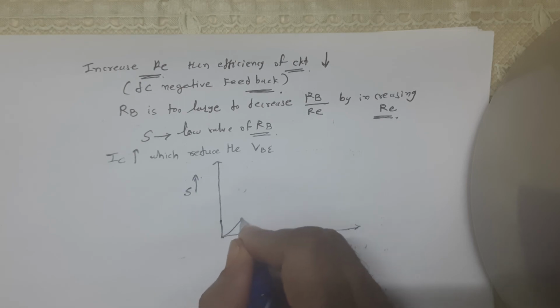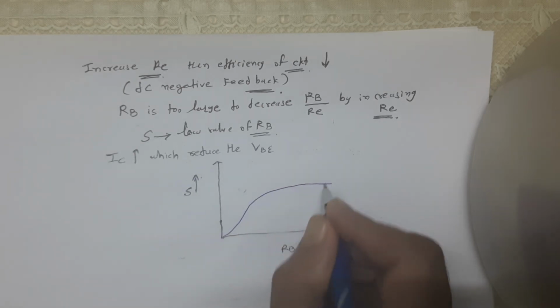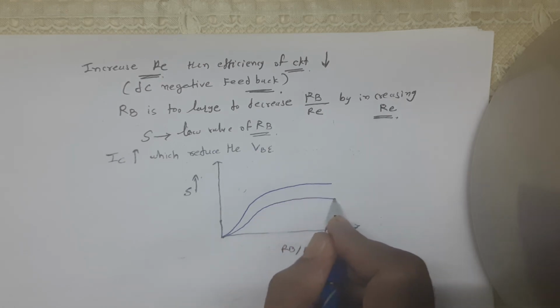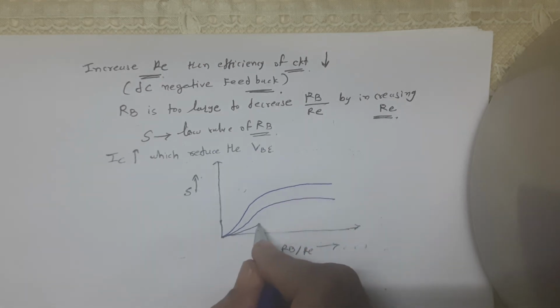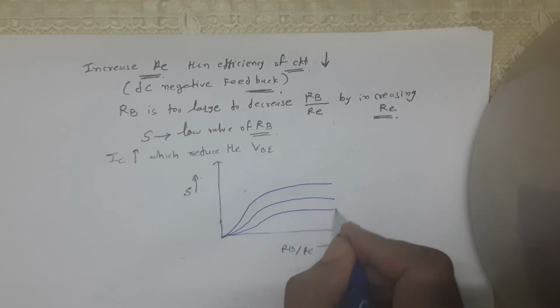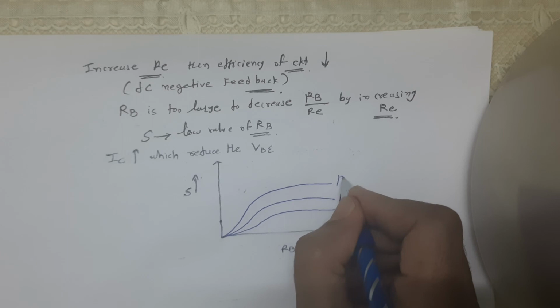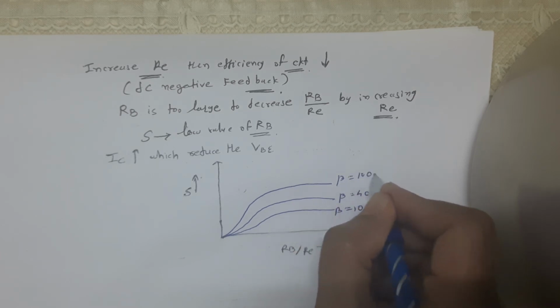This is beta equal to 0, this is beta equal to 40 or some other value, this is beta equal to 10. That means the change in beta: beta equal to 10, beta equal to 40, beta equal to 100.